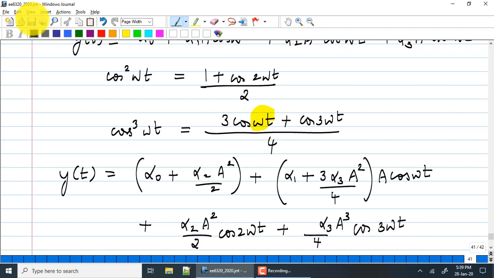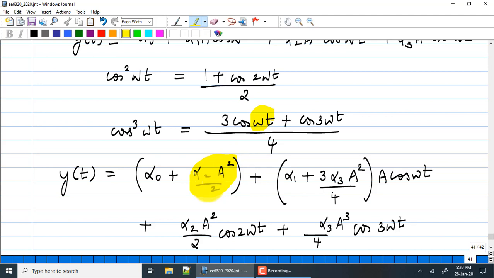Now, not come to the two-tone at all. This is just for the single tone. Most probably two-tone we'll do next class. But just wanted to point out, for the single tone, a couple of things you need to remember. This term here is actually changing your DC value.